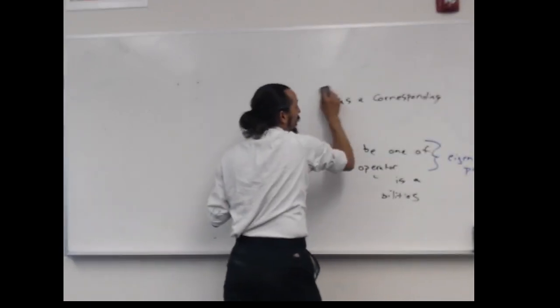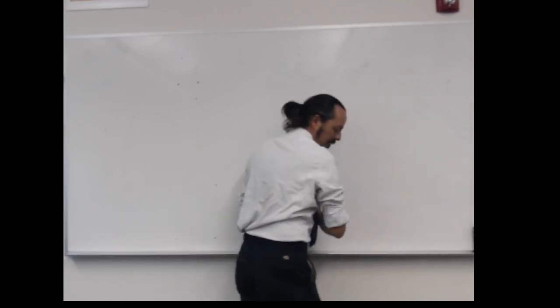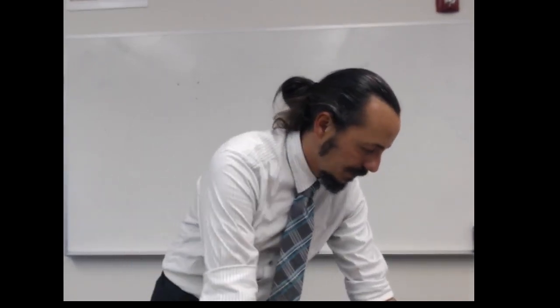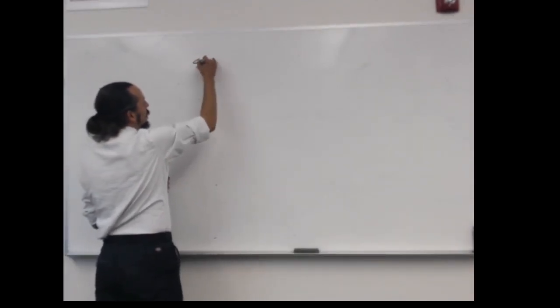The first postulate has multiple parts to it. So it starts with the system is completely defined by the wave function and also has some particular meanings. So we have the system defined by a wave function.